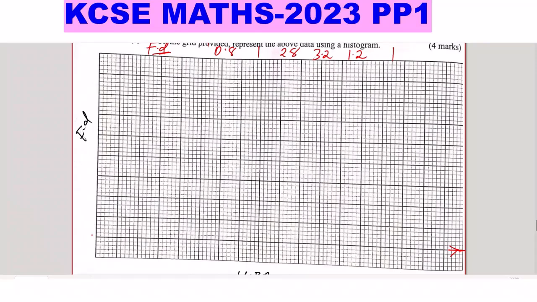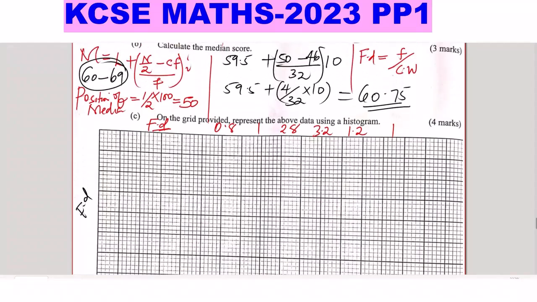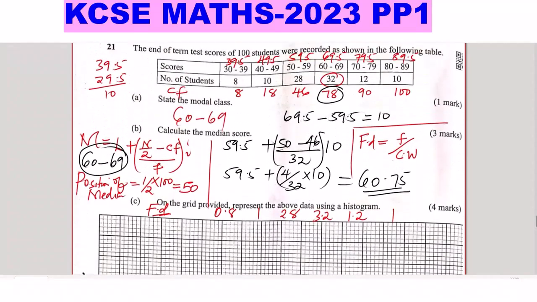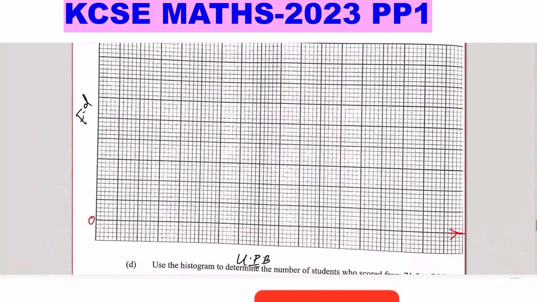So begin from here, 0. The x-axis is supposed to plot the class boundaries. The first one will be 39.5, so we can start a bit lower than that. We start from the lower class boundary of that class, so here you can have 29.5.